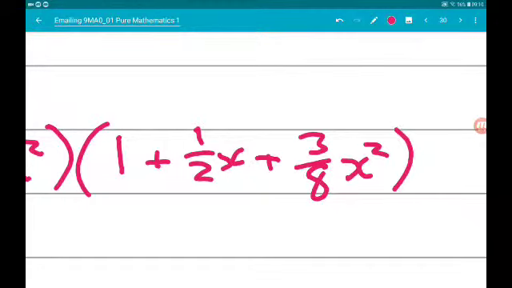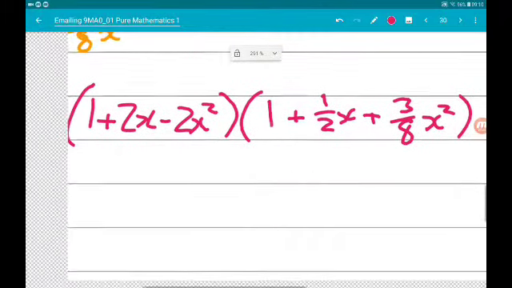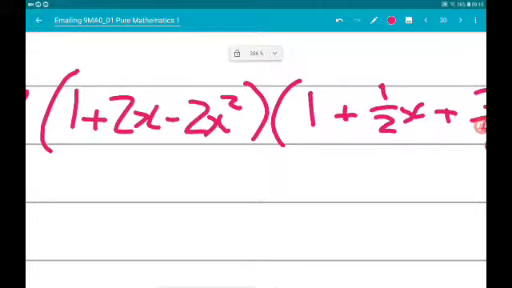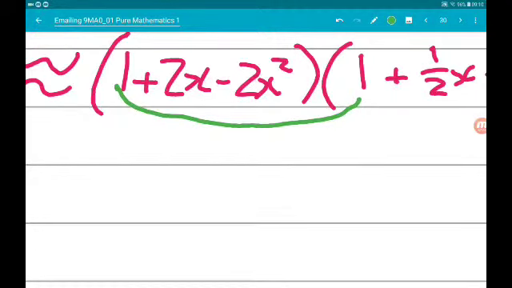Okay, so we need the constant term, so that's nice. That's just going to be 1 times 1, so there's the 1 that we wanted. And then we need every x term that we're going to get.